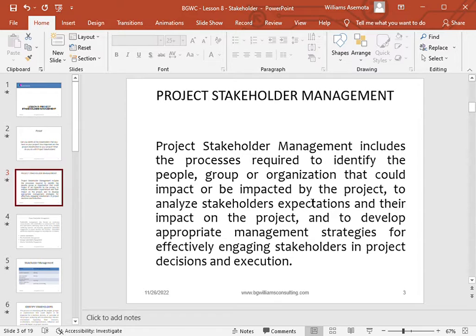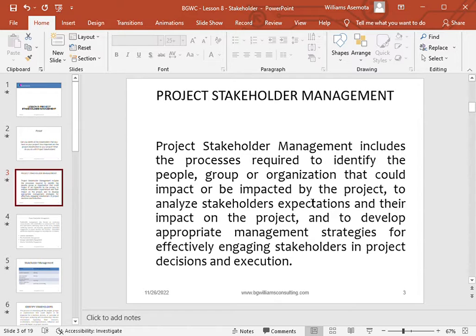If you look at the whole scenario of stakeholder management, first you begin with the process of getting to know who my stakeholders are. Who are the people that will make use of this project? Who are the people that will be affected by this project? Who are the people that will be impacted by the solution or the end result of this project?